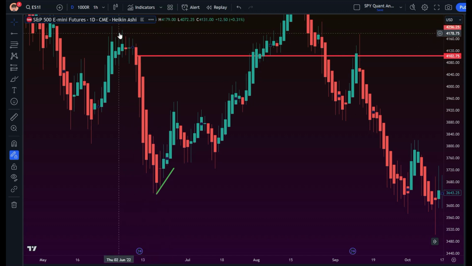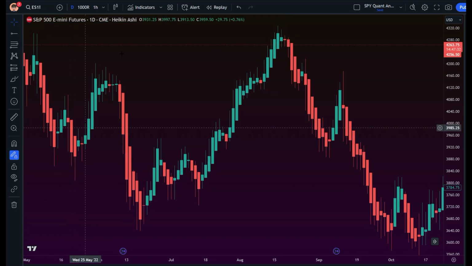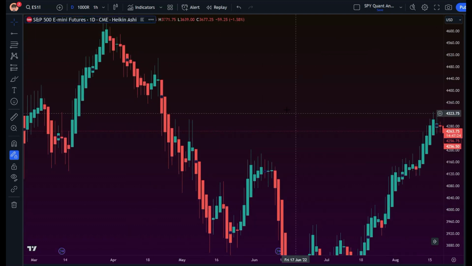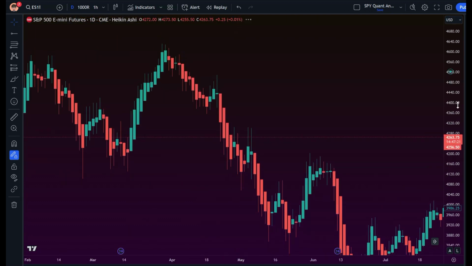Okay, so if we weren't really sure about this, we could have looked for confirmation here. If you're never really sure about if a pattern is clear or not, you want to look for confirmation. You don't want to try to force the candles, because when in doubt, just stay out.